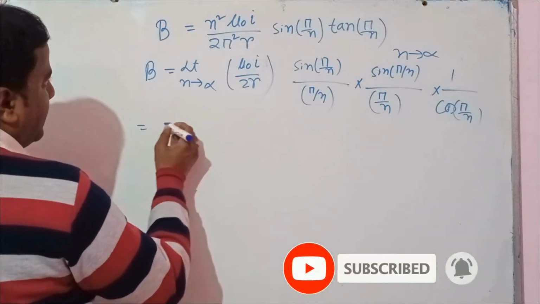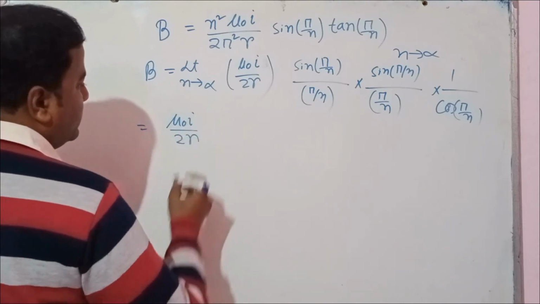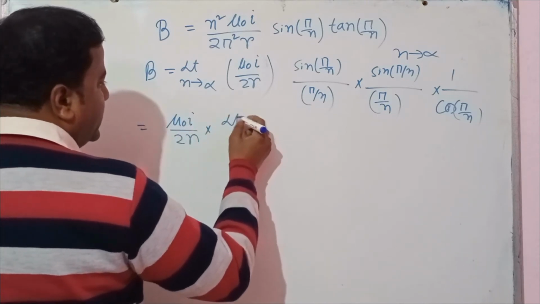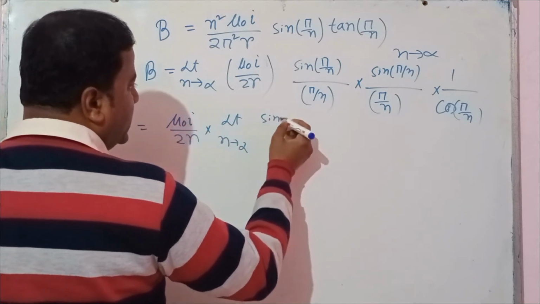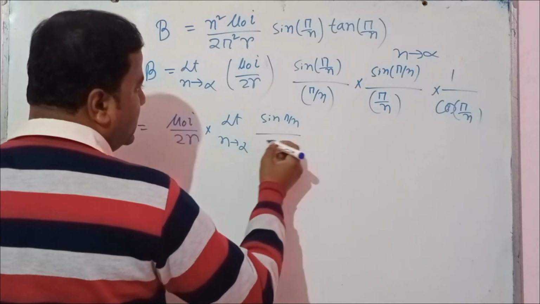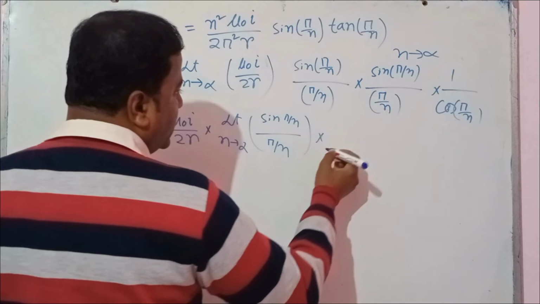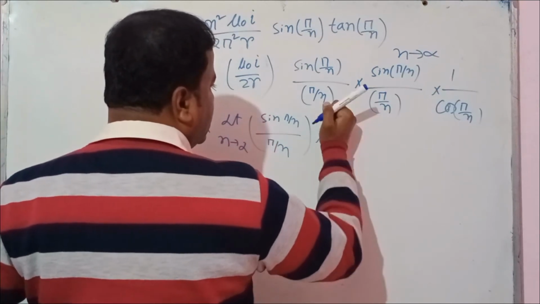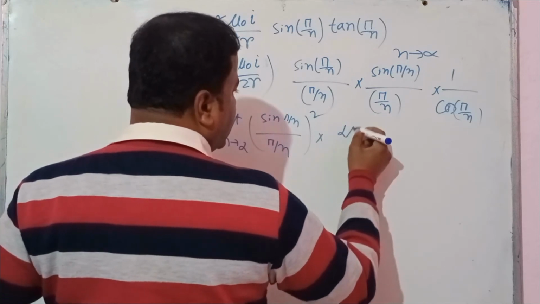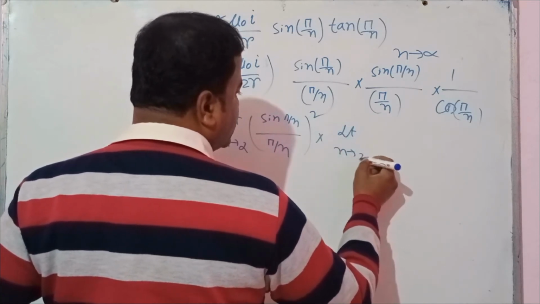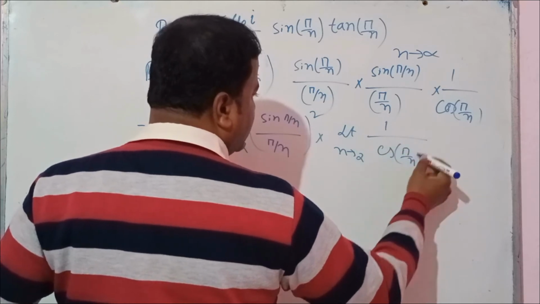Then mu naught I upon 2r, limit n tends to infinity, sin pi upon n by pi by n into, here we take square and limit n tends to infinity, 1 by cos pi upon n.